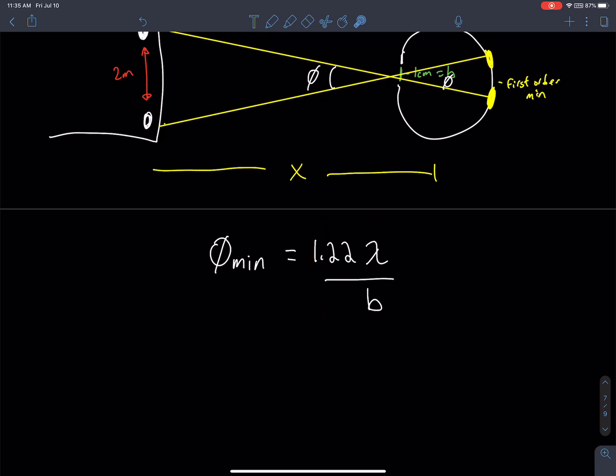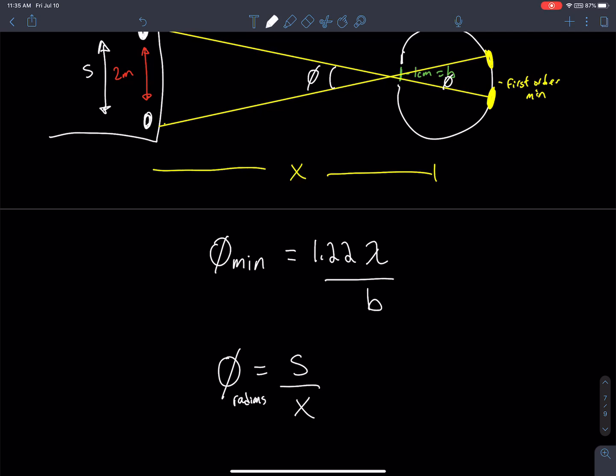Okay, so before plugging in the numbers, that angle here that is being subtended by these headlights can be calculated using S over X, where S is the separation of the headlights and X is the distance or the radius. And remember that that angle is measured in radians.